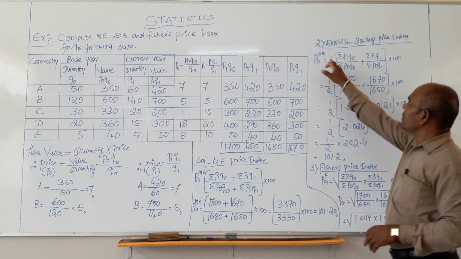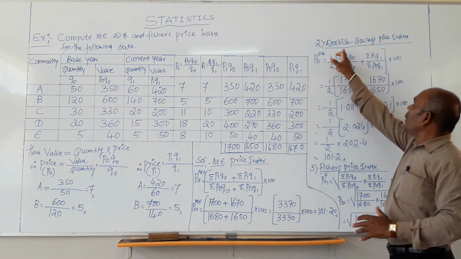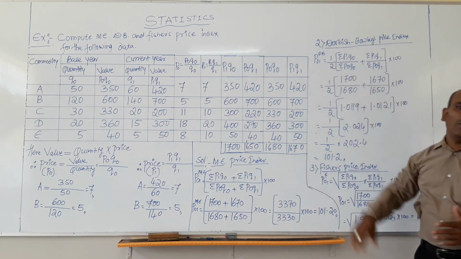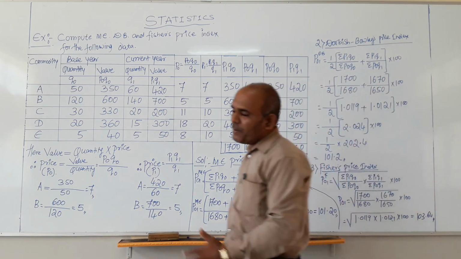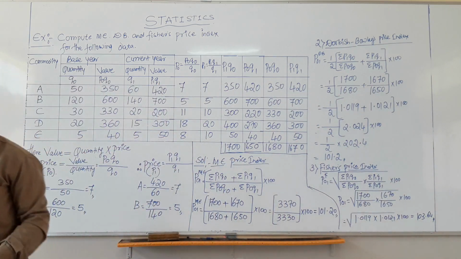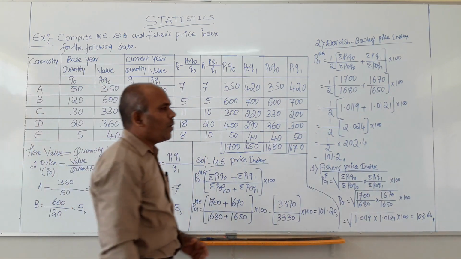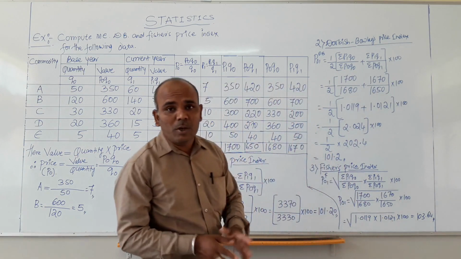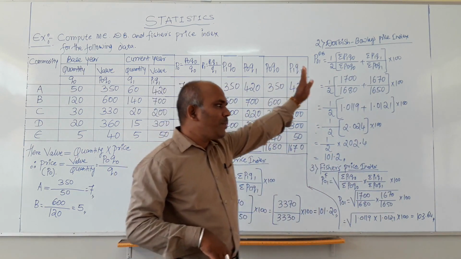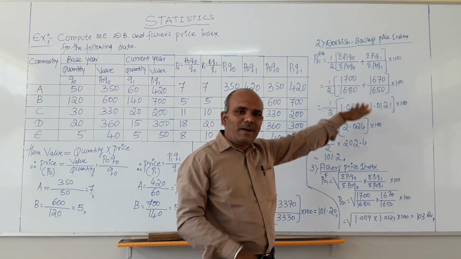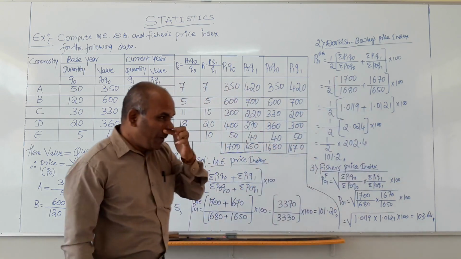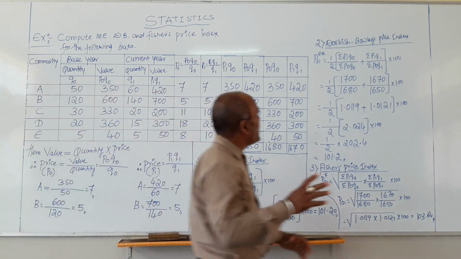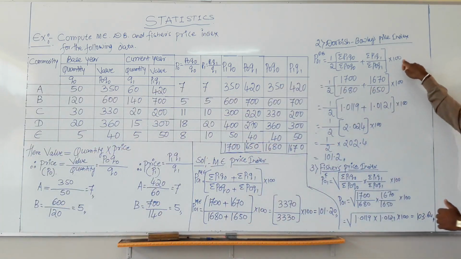Let's move on to the calculation of the next one, that is Drobisch-Bowley's price index. The formula relating to that, P01 raised to DB equals 1 by 2 open bracket summation of P1 Q0 divided by summation of P0 Q0, plus summation of P1 Q1 divided by summation of P0 Q1, close the bracket, then multiply by 100.